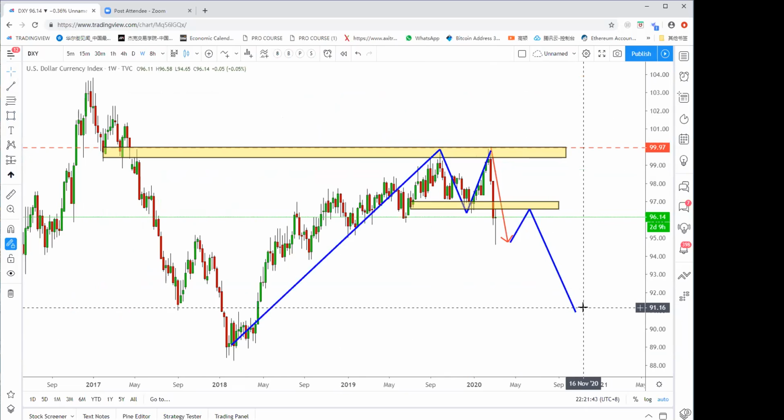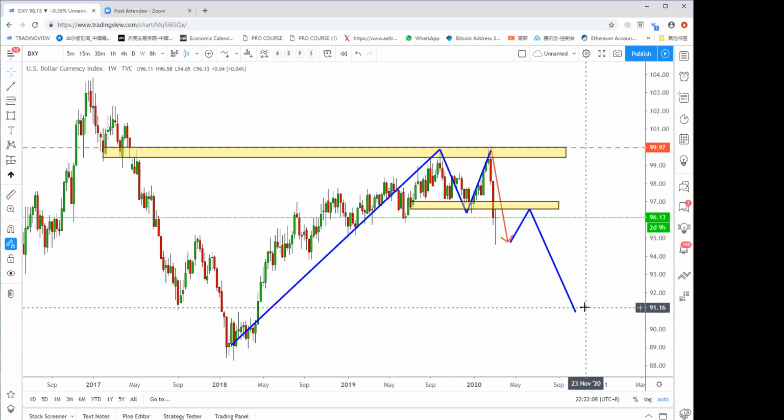Fundamentally, I don't want to touch it more, because now nobody knows how bad it is for the new disease. It's not only China that has this problem, but also Korea, Iran and Italy, the coronavirus. And the USA has some problems.